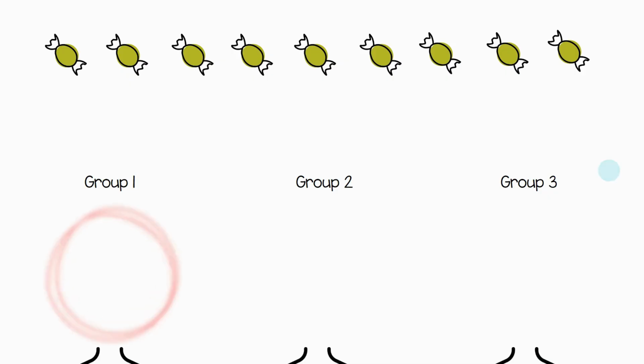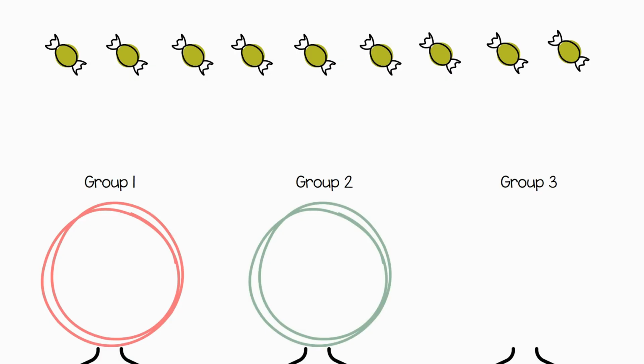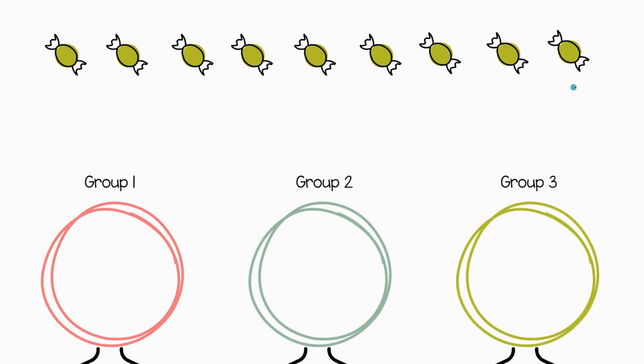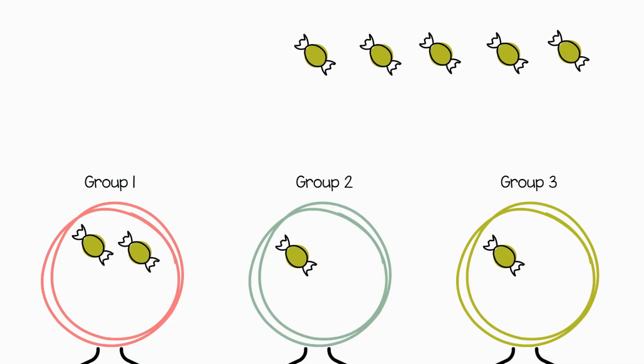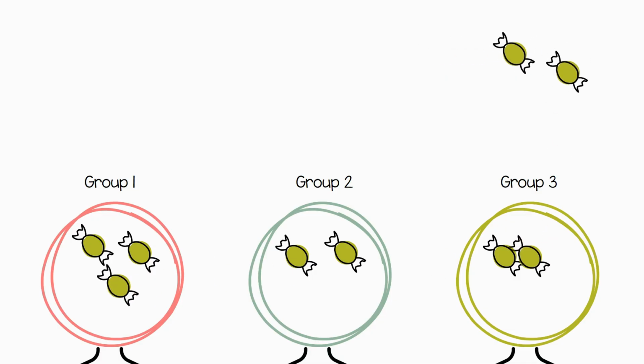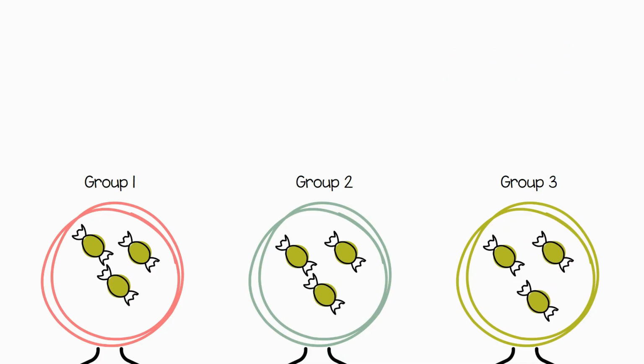Again, if I don't have all day to draw, you can just use circles. Above, you see my 9 pieces of candy, and below, you see my 3 groups, or my 3 people. I am going to divide or share the candy one by one until I have nothing left. 1, 2, 3, 4, 5, 6, 7, 8, 9.